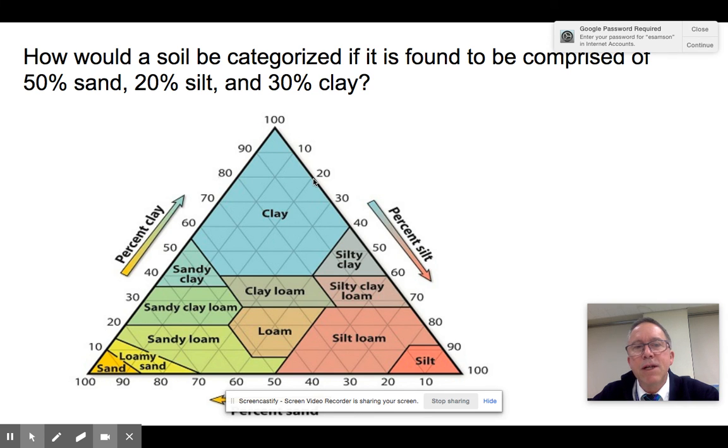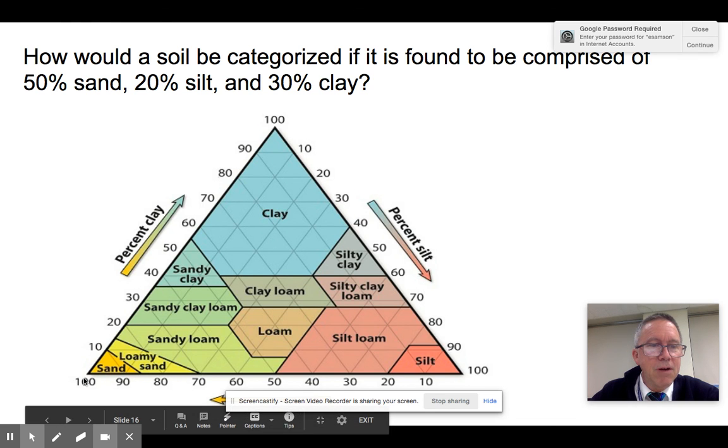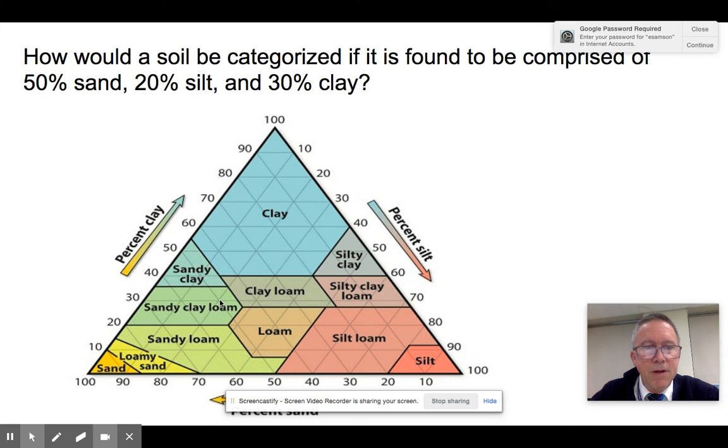Now I have to draw a line that's parallel to the 0 line, which is this way here. So here I go. And where do those two intersect? Those two happen to intersect right here. Now, I could go ahead and draw that. Once I got 2 of them, I don't need to draw the third one, by the way. That can save you some time. But if I did draw that third one from this point here, it would be 30% clay. And I'd say, here's clay, here's 30%, here's a line. And notice, they all intersect right here. I have a sandy clay loam.